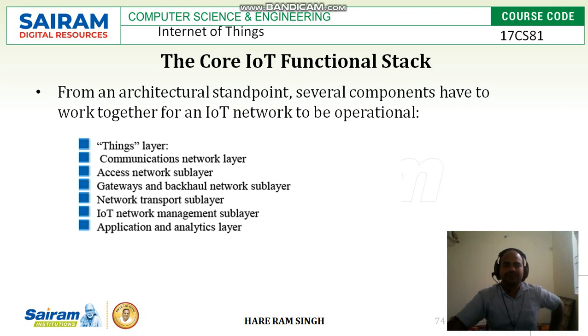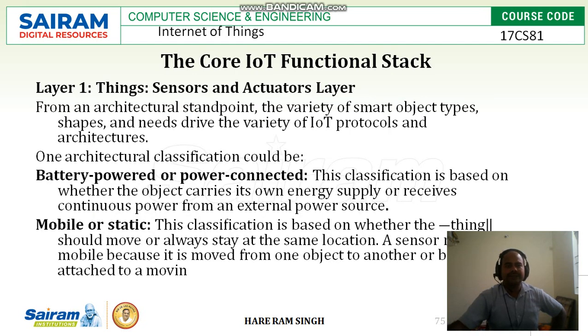The first one is the things layer, then the communications network layer, access network sublayer, gateway and backhaul network sublayer, network transport sublayer, IoT network management sublayer, and application and analytics layer. Now the first thing is the things layer, which is formed with the sensors and actuators.